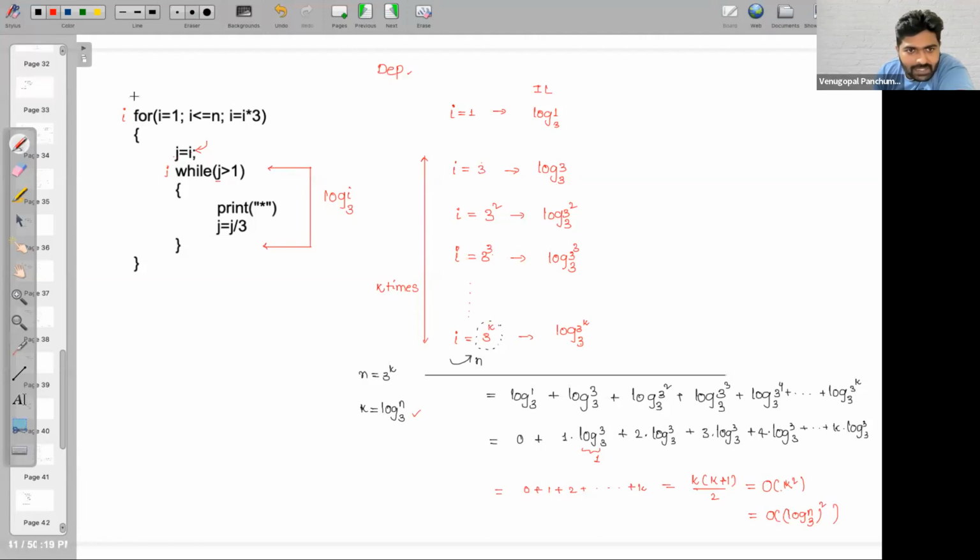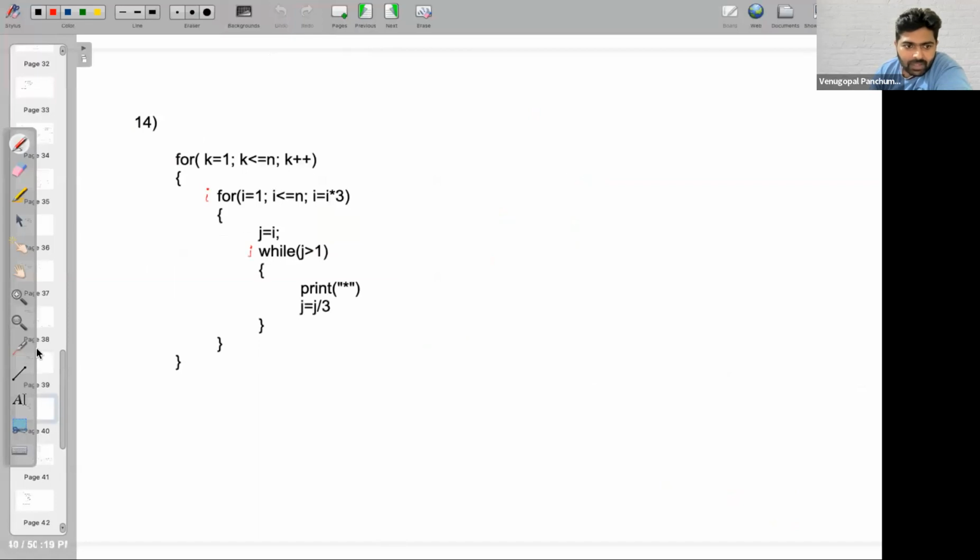This is only this part's answer. But what is my final answer? You should multiply with n, right? Please don't forget, friends, outside n is there. This part's answer we got from the derivation is log n base 3 whole square, but outside you have n also.